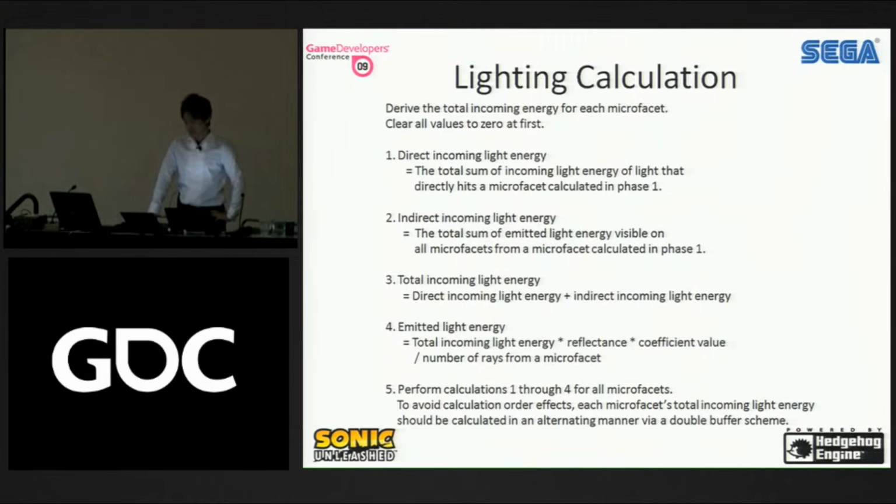Number 3, we will calculate total incoming light energy. This is the sum of number 1 and number 2. Number 4, we will calculate emitted light energy. First, there is the total incoming light energy times reflection times adjustment coefficient, that is divided by the number of rays from a microfacet.